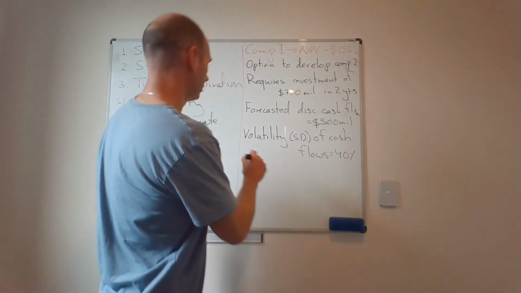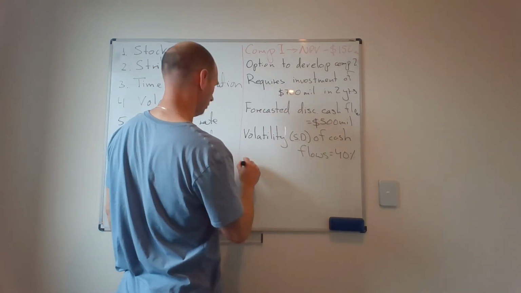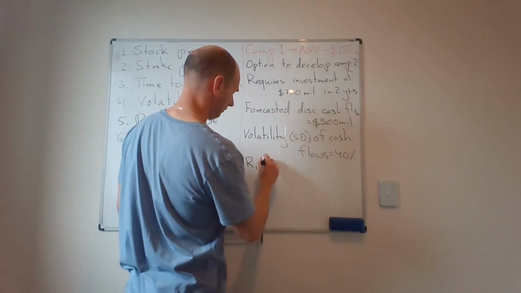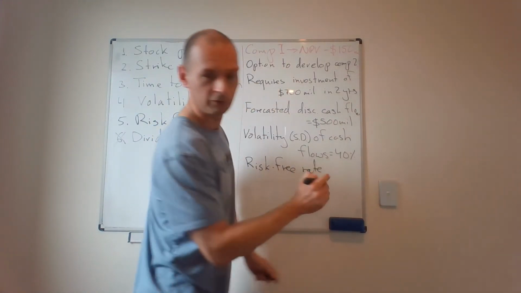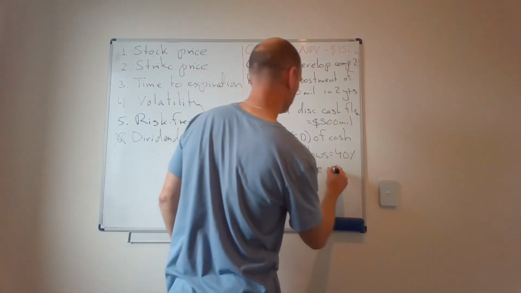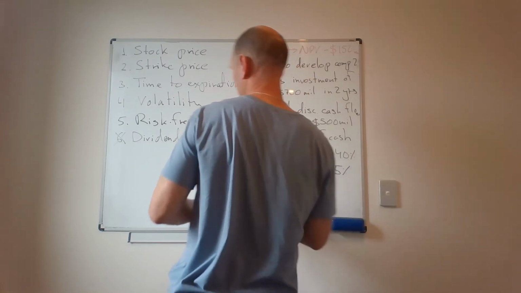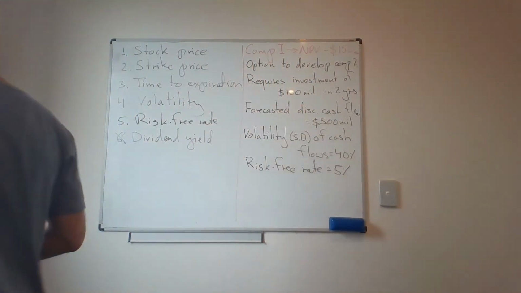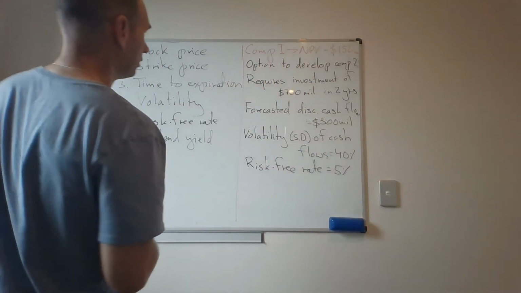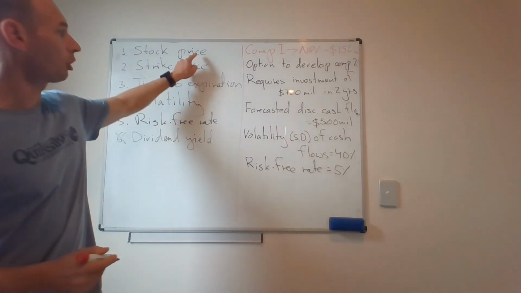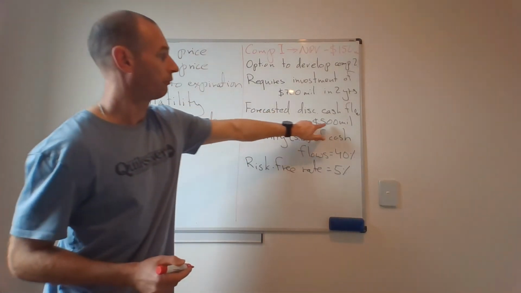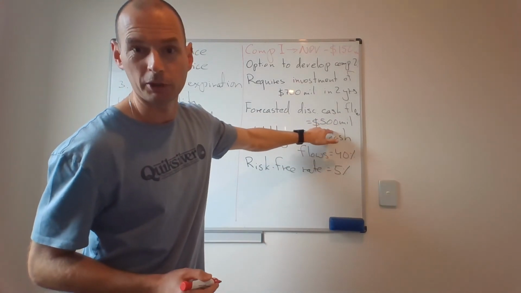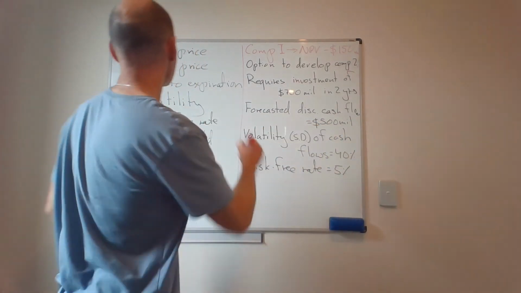And then finally, my discount rate, or my risk-free rate rather. And what value did I choose? 5%. So, my stock price here, my asset price, is 500 million. This is what I'm buying.